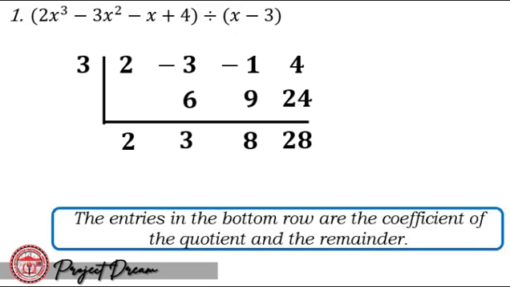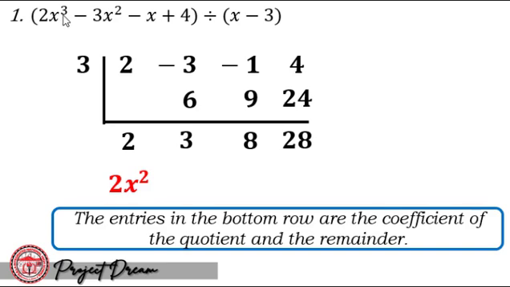And the entries in the bottom row are the numerical coefficient of the quotient and the remainder. So ang magiging quotient po natin sa problem na ito ay 2x squared. So yung 2, ito yung numerical coefficient, sinamahan natin ng x squared. So, bakit siya naging squared?